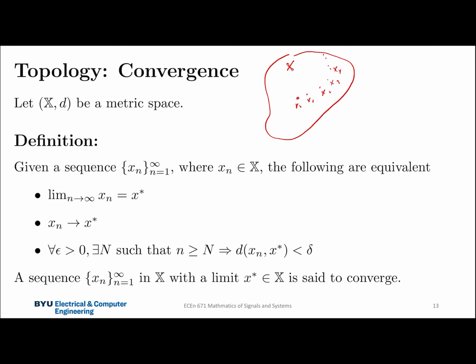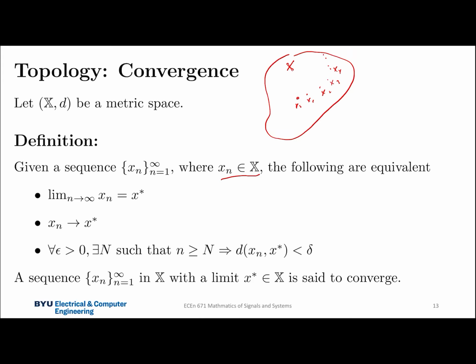These are points in my set. And remember, if it's a function space, these are functions, a sequence of functions. If they're just vectors in R2, they're just elements of R2. So we can say that this sequence converges.